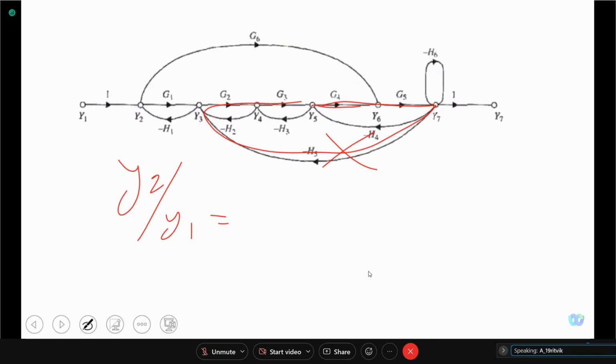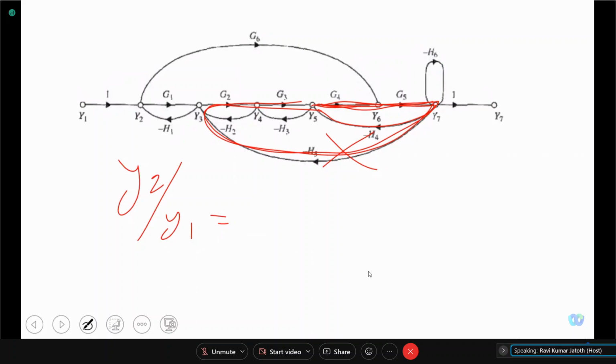What is the condition, sir? It should not come from the back. So see here, Y5, Y7, and Y6. When you consider a particular loop, it should start on that particular node and end on that particular node, not crossing any node more than once.